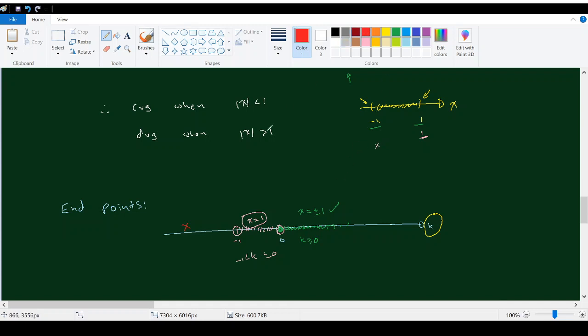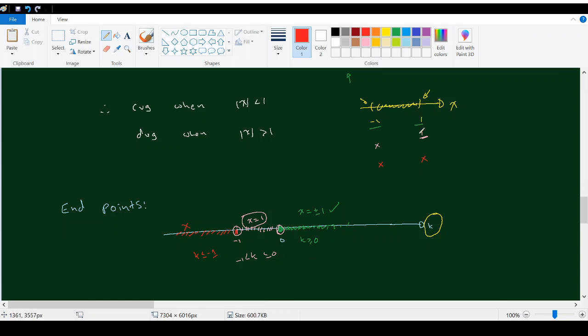And for the values of k less than or equal to -1, the series does not converge at -1 as well as at +1.